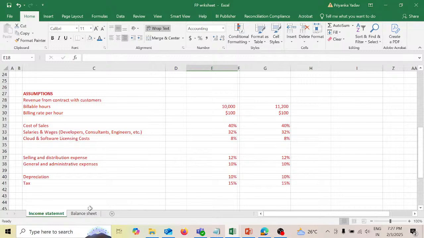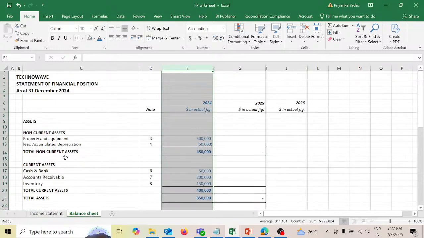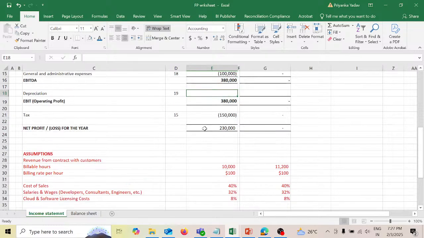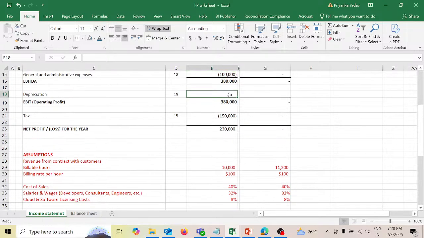In the balance sheet, if you see, the property and equipment is almost 5 lakh, so 10% of 5 lakh would be your depreciation. You can pick this up from the balance sheet itself, or you can hard code the figure also.